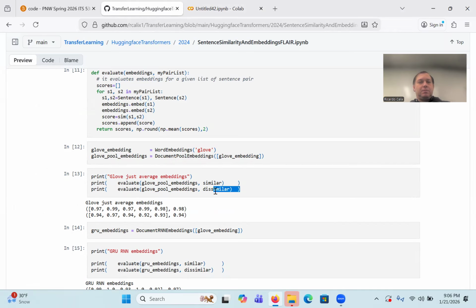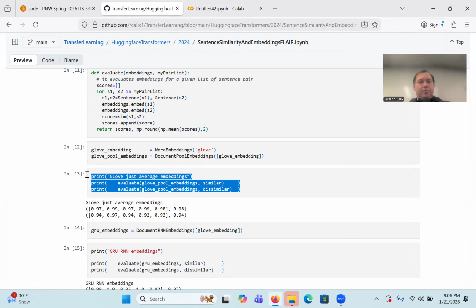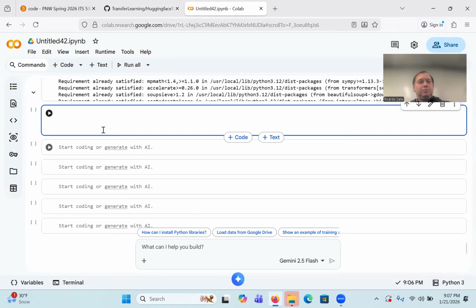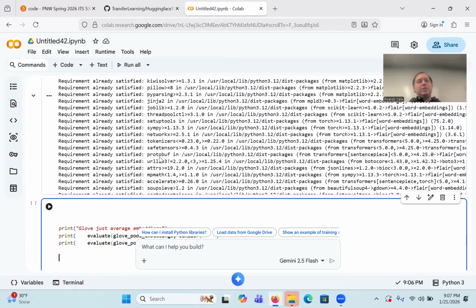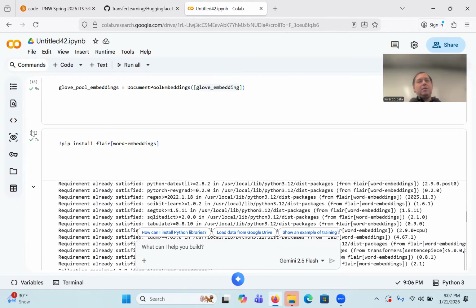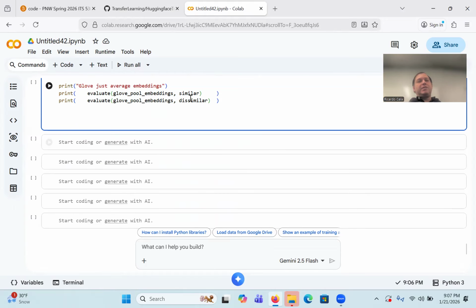So glove just averages the embeddings essentially. So every word has an embedding of 512, they're just being averaged. Here I evaluate using this technique, glove pool embeddings, and I'm going to evaluate the sentences in similar and also the sentences in dissimilar.